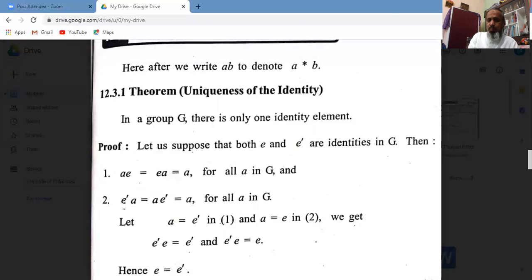So by the definition of identity element E dash, A into E dash is equal to E dash into A is equal to A for all A belonging to G, since E dash is an identity element.